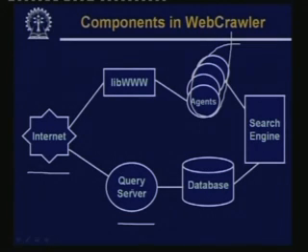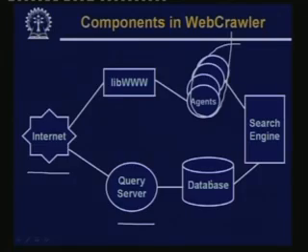So, the query server will be simply querying the database. Okay. So, you see that there are two different modes of operation here. One is while the index is being created, and number two, when the index is already there in place in the database, the user has typed in some query and the queries are retrieved by matching against the indexes from the database. Fine.